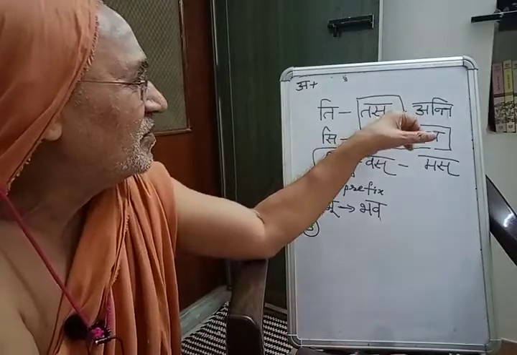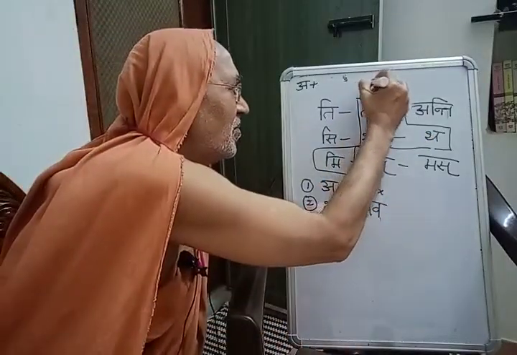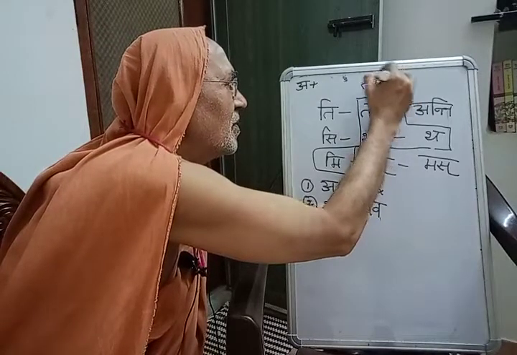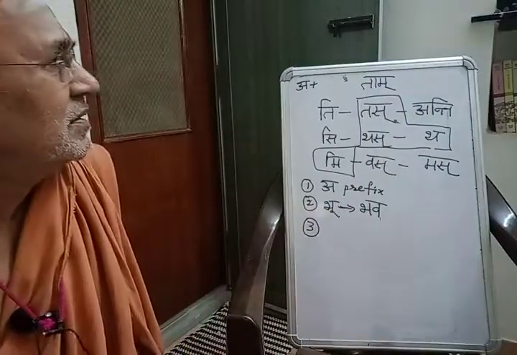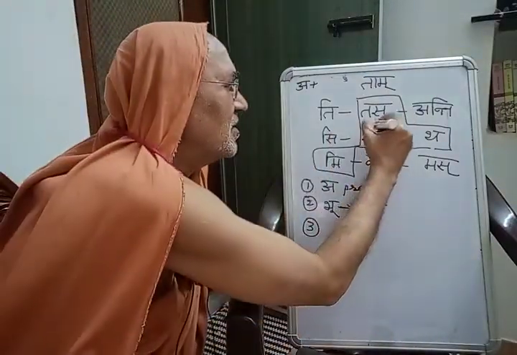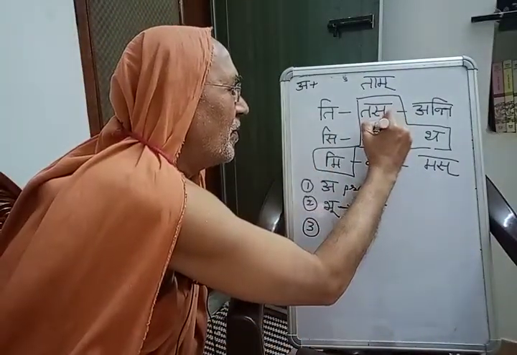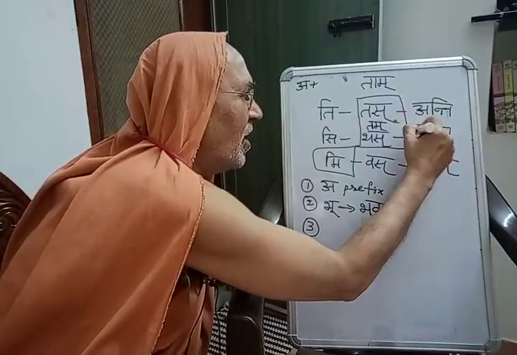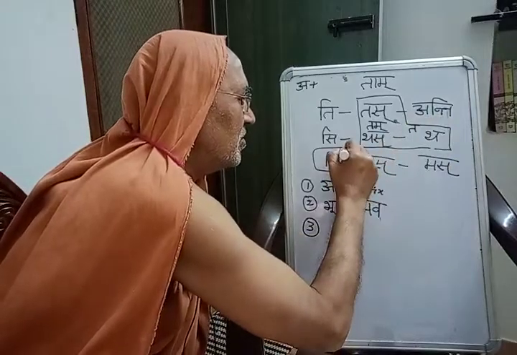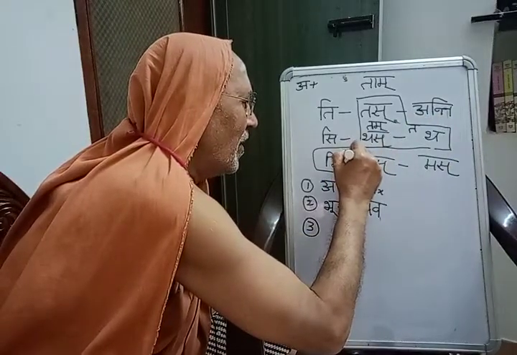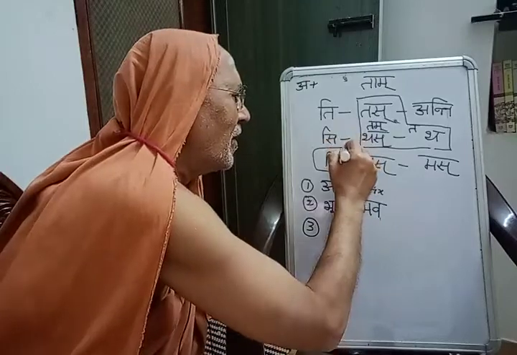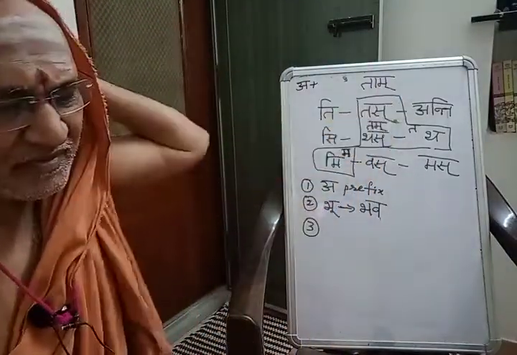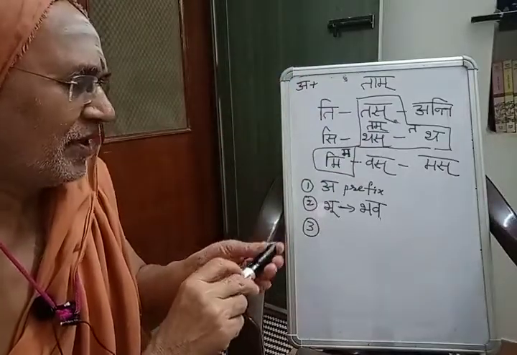In place of tas becomes tam. This is tam. This is ta. This is ma. In fact, this is not needed. These three are enough. The fourth we need not say.